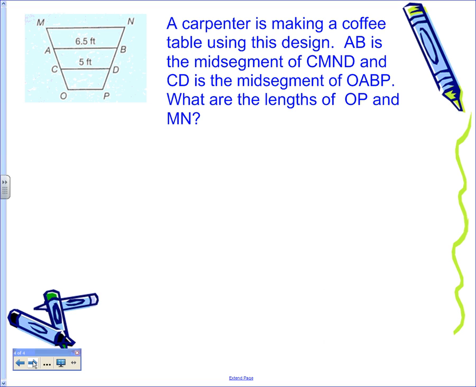Okay. Looking at the last example. They're making a trapezoid coffee table because I don't know, because I want to use a trapezoid basically, or square maybe.